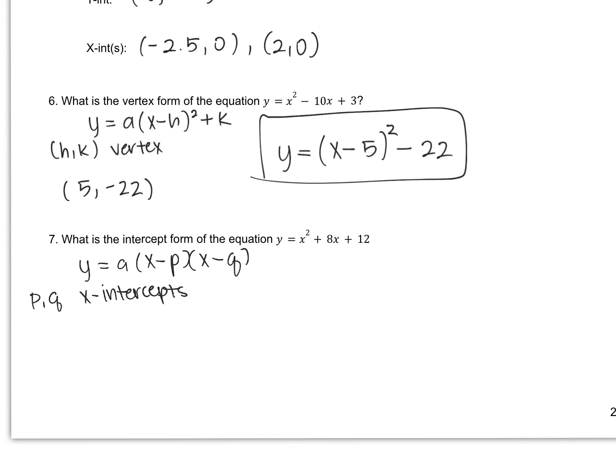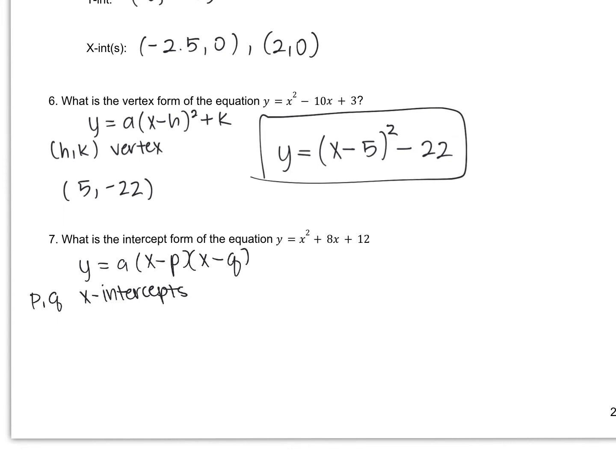One method is, intercept form is also known as factored form, so you could factor the quadratic you're given, and that would put it directly in intercept form. Your other option is to graph the equation in Desmos. Both will result in the same equation, so it doesn't matter which one you use.